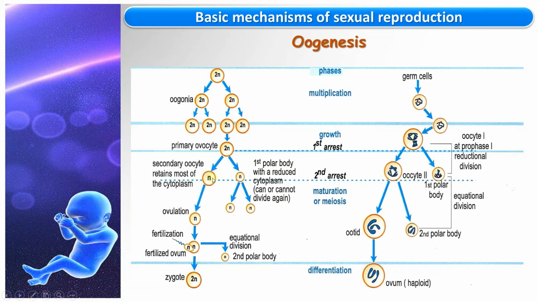And we know that meiosis 1 consists of separation of homologous chromosomes, so the oocyte 2, or secondary oocyte, has N chromosomes with 2 chromatids. This oocyte 2 starts the second meiotic division and stops at metaphase 2. This is the second arrest of oogenesis.